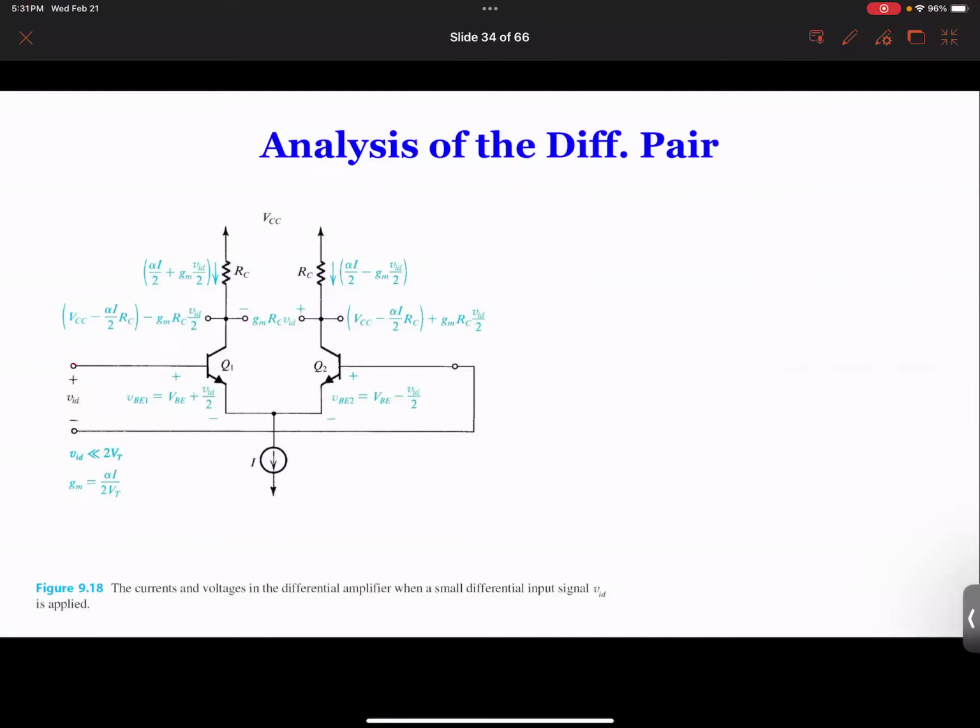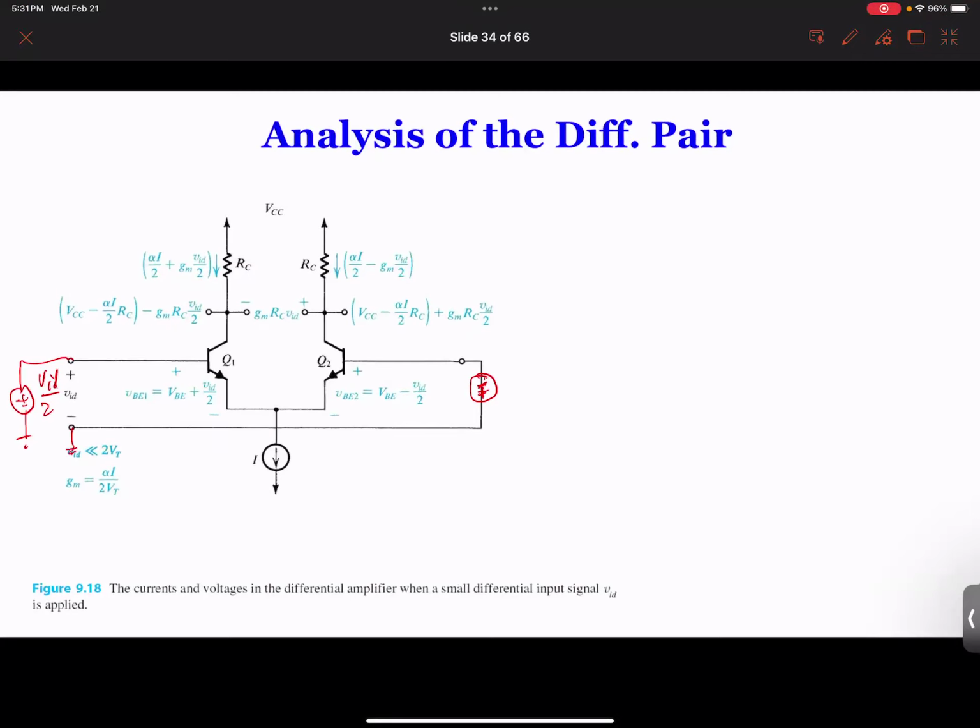So we're going to leave this one as a voltage, but this becomes 1/2 VID. And the other one we're going to move here, but this one is going to be minus, remember, because all of this becomes the ground.